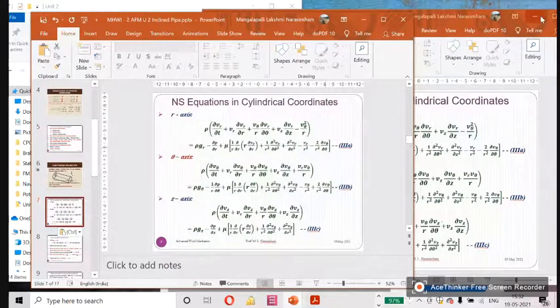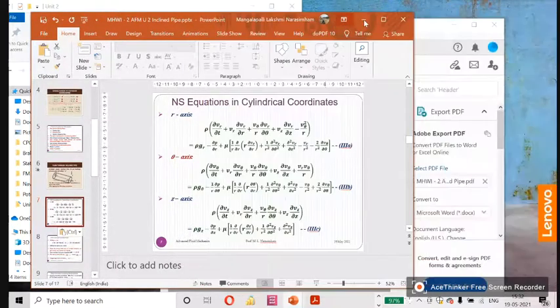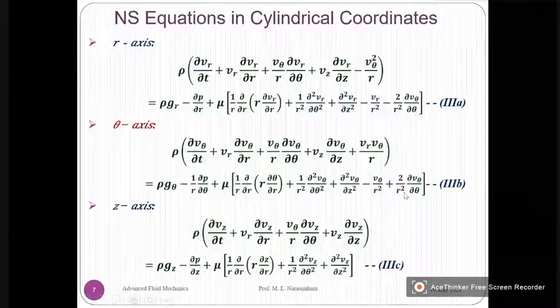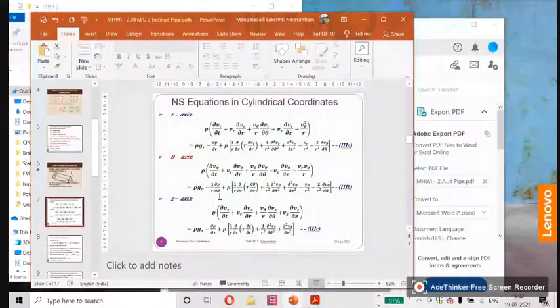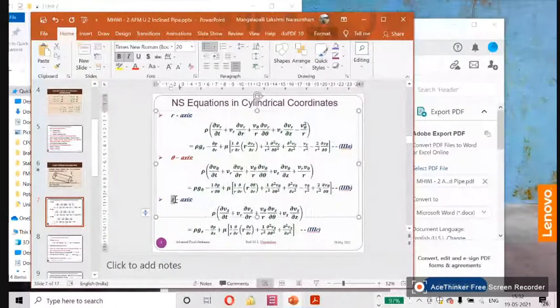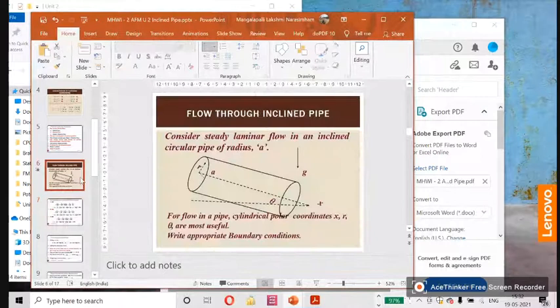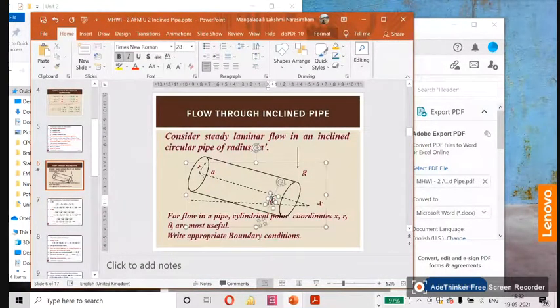Now I can close this. X-axis. Now in order to avoid confusion, I will change this angle.